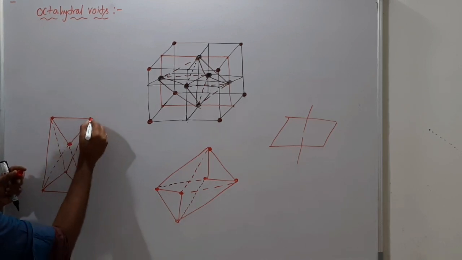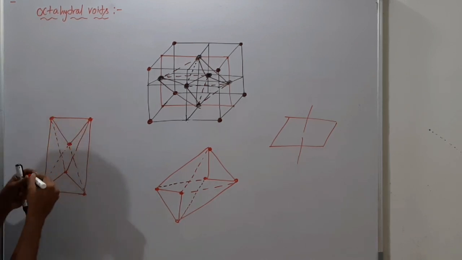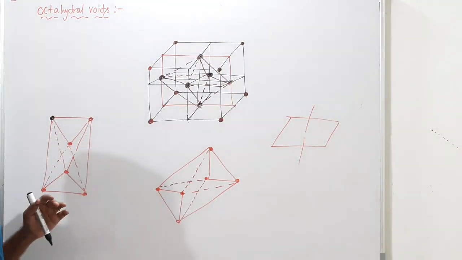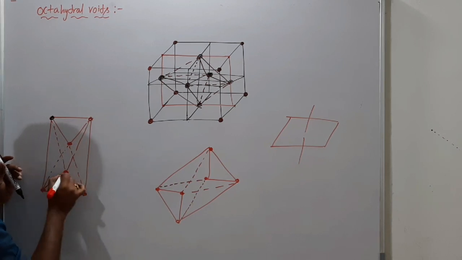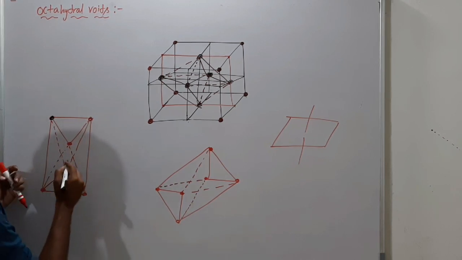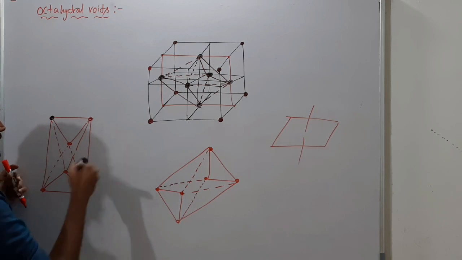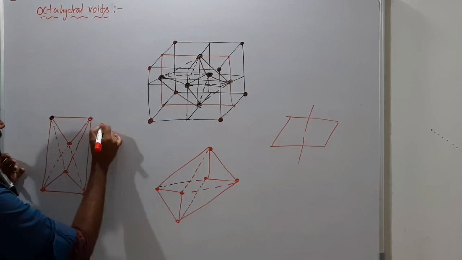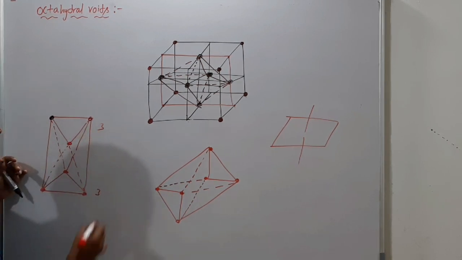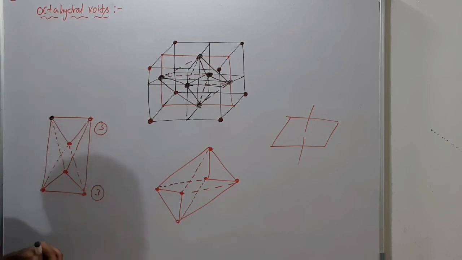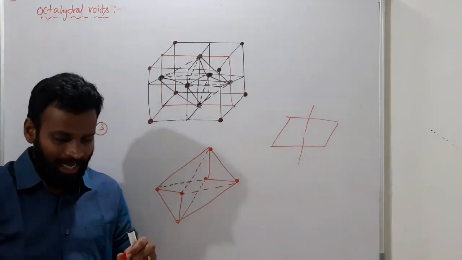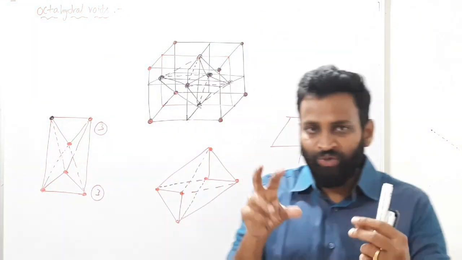Here 1 you have, here 2, and here black color. Octahedral voids are forming between 6 atoms. So 1 here, this is second one, this is third, 4, 5, and 6. So here 3 belong to one layer, and these 3 belong to the second layer. So between 6 atoms you are having octahedral voids. As I showed yesterday, limits 3 and 1.